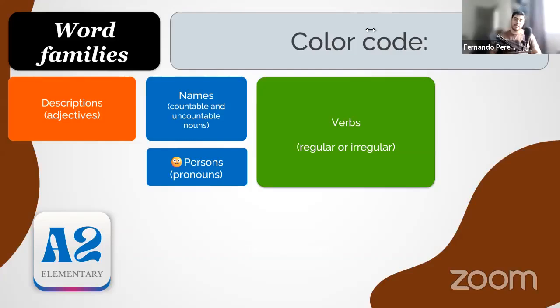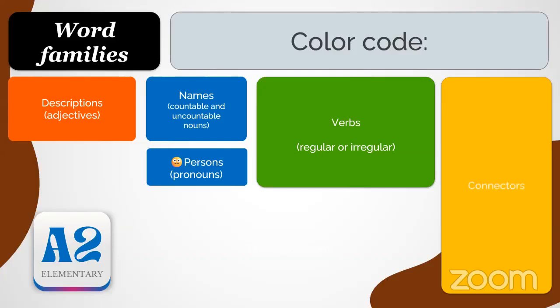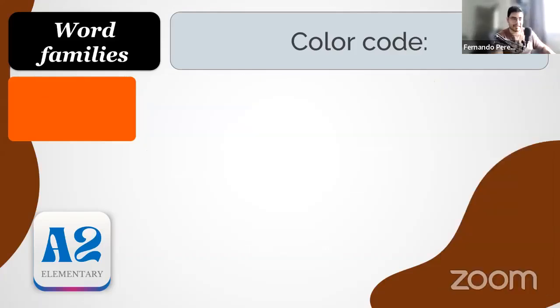Very good. Monse, what words are color yellow? Connectors. Very good. Yellow words are connectors. With connectors, we have two different families. We are going to learn these two families in this level.